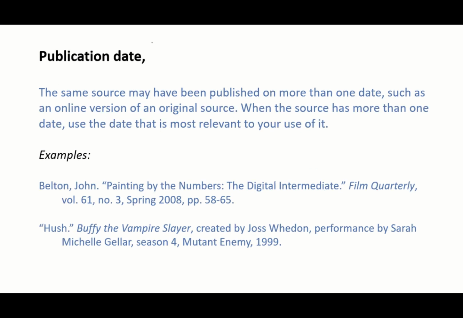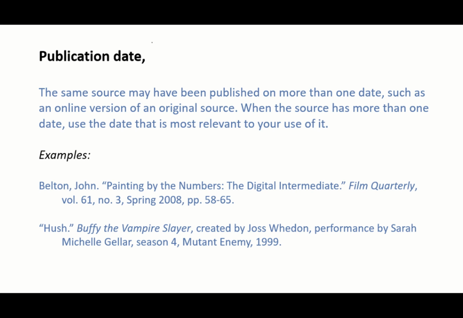Next, let's talk about publication date. The same source may have been published on more than one date, such as an online version of an original source. When the source has more than one date, go ahead and use the date that is most relevant to your use of it. The best example of this is your class textbook. If you were to look at the title page within that textbook, you would see copyrighted with, I think for your textbook, 3 dates.